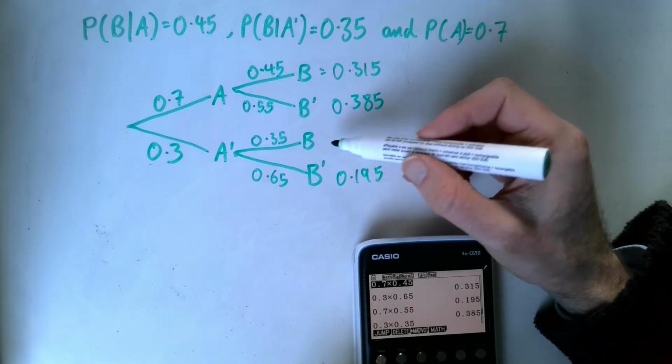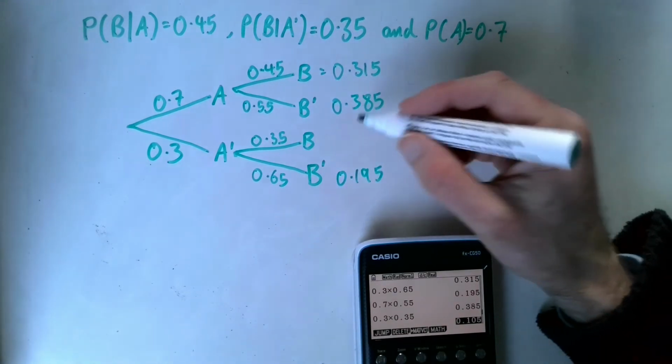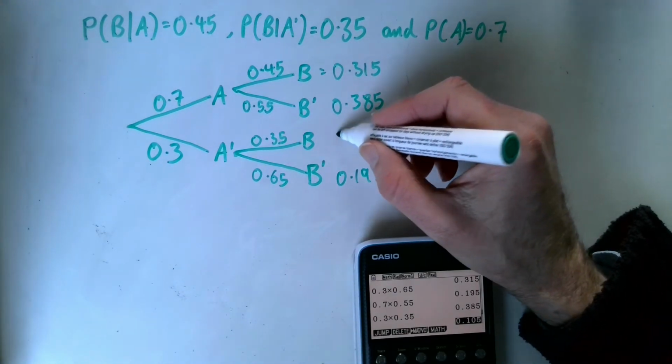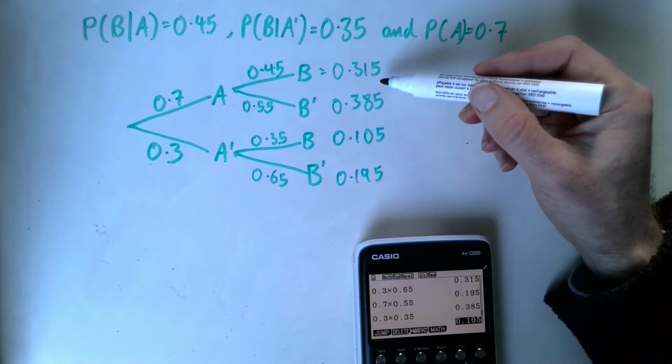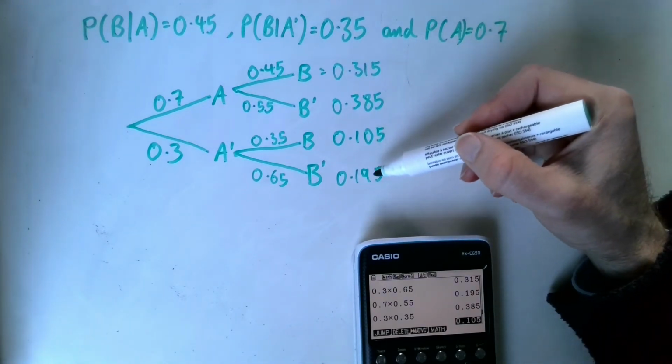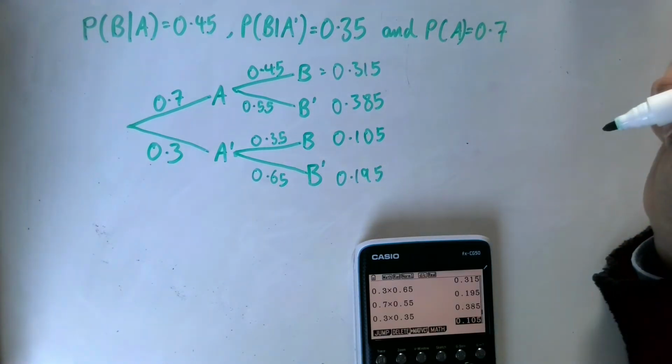And then the least likely thing to happen is the one where we're doing the two smaller things, 0.3 times 0.35, giving us 0.105. Good idea to double check that you've got it all correct by adding all of these up, and they should come to 1.